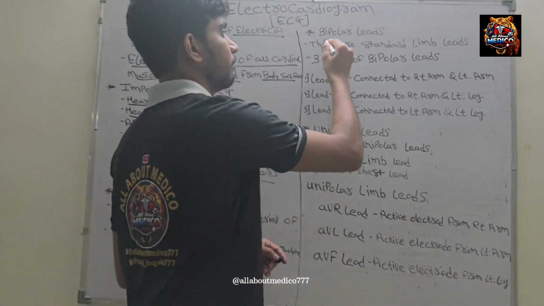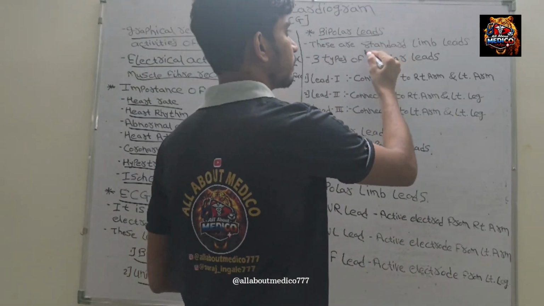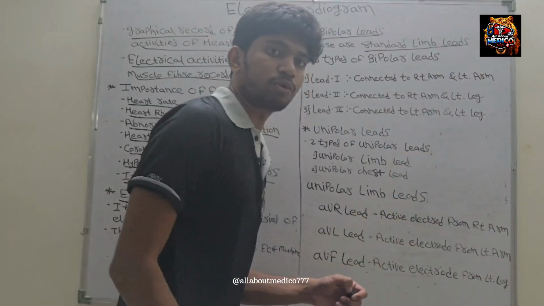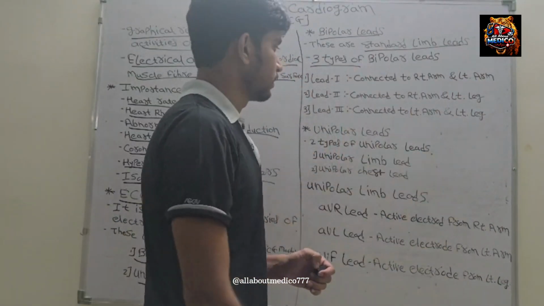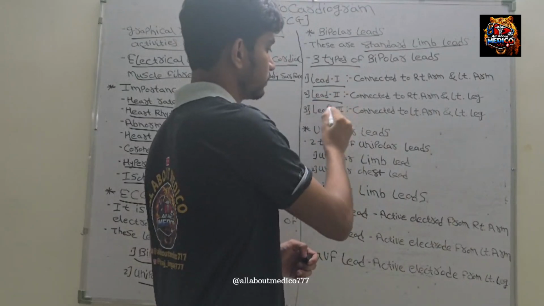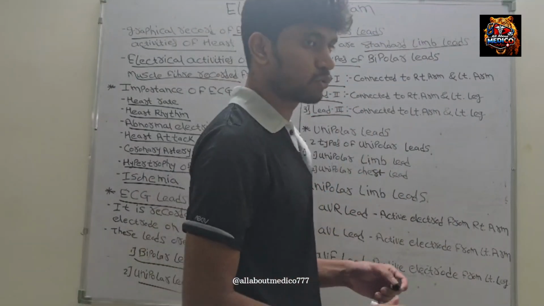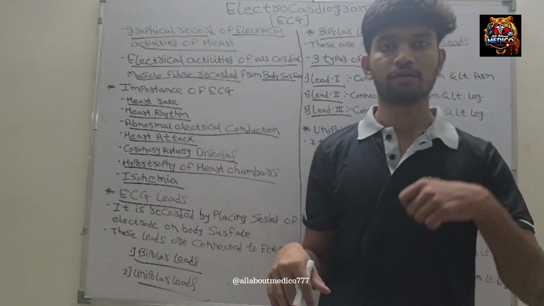Bipolar leads are also called standard limb leads, and they are of three types: lead 1, lead 2, lead 3. Lead 1 is connected to the right arm and left arm.